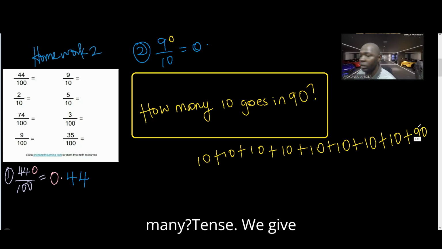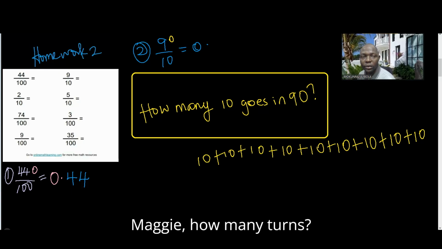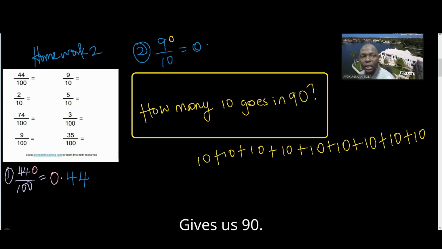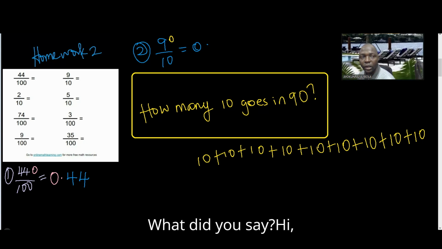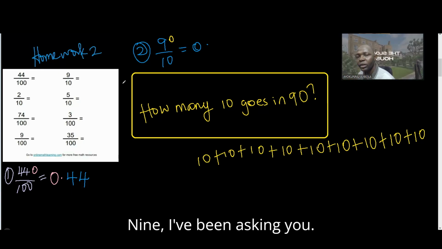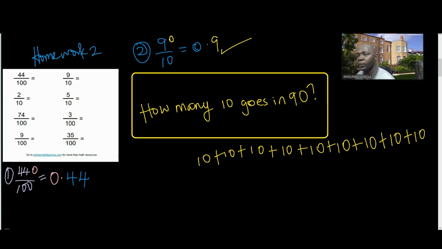So how many tens will give us 90? Miggy, how many tens gives us 90? What did you say? 9. That's what I've been asking you. So that's why it's 0.9.